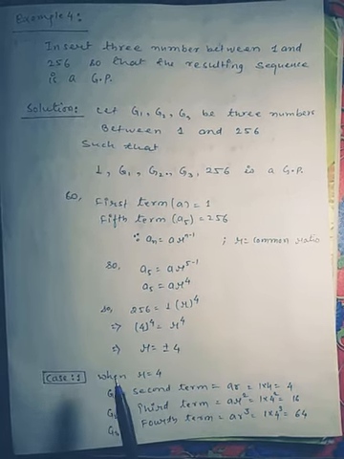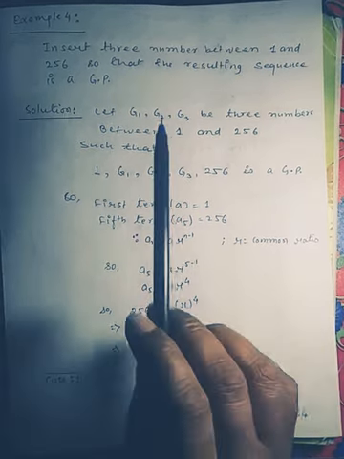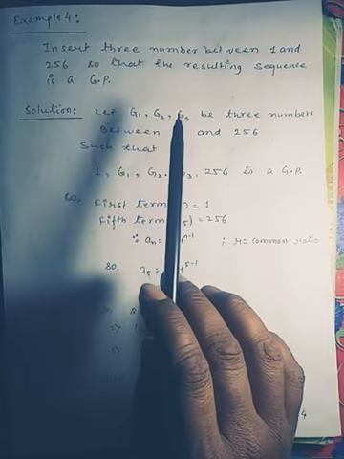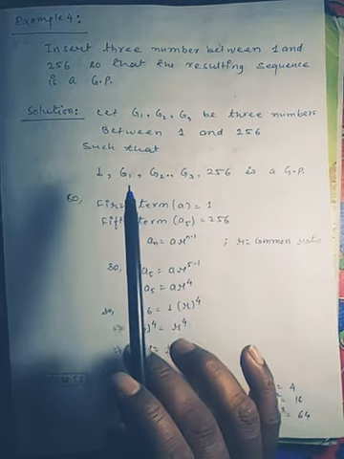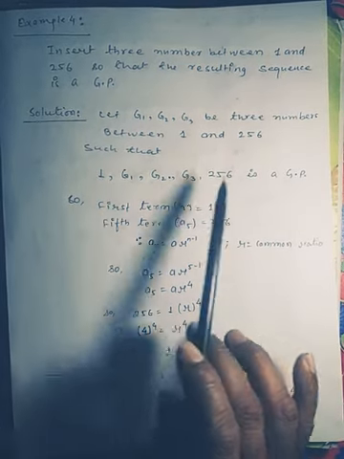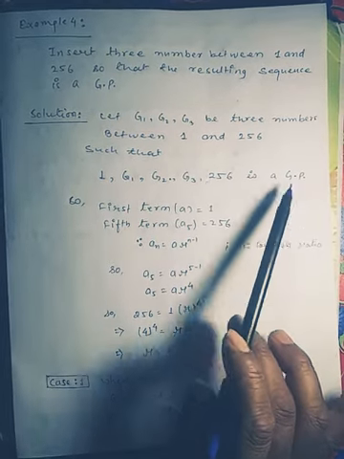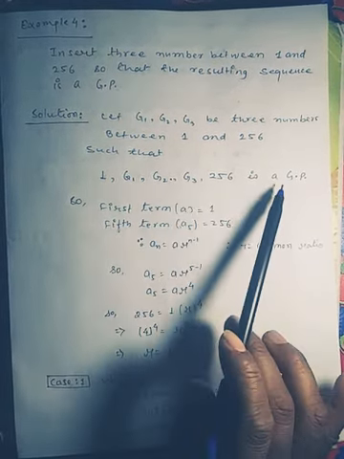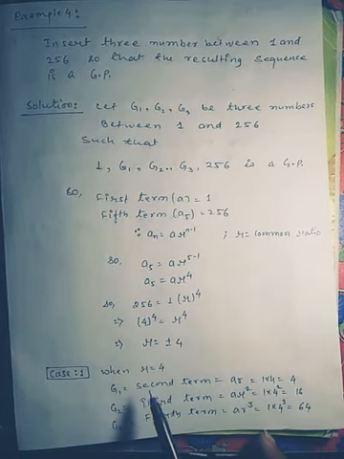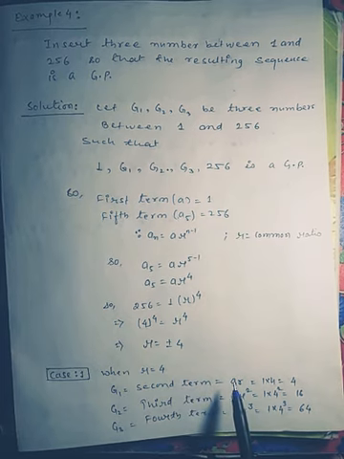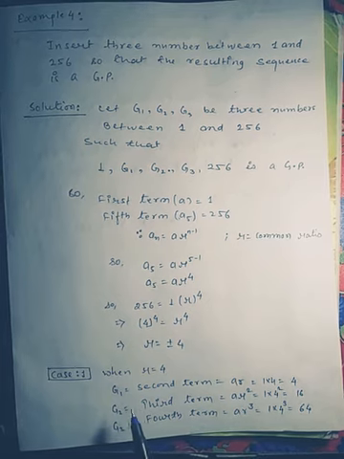Case 1: when r equal to 4, then the numbers G1, G2, G3 in sequence. G1 is the second term of this GP, G2 is the third term and G3 is the fourth term. So G1 is second term, formula is ar, so we get 4.